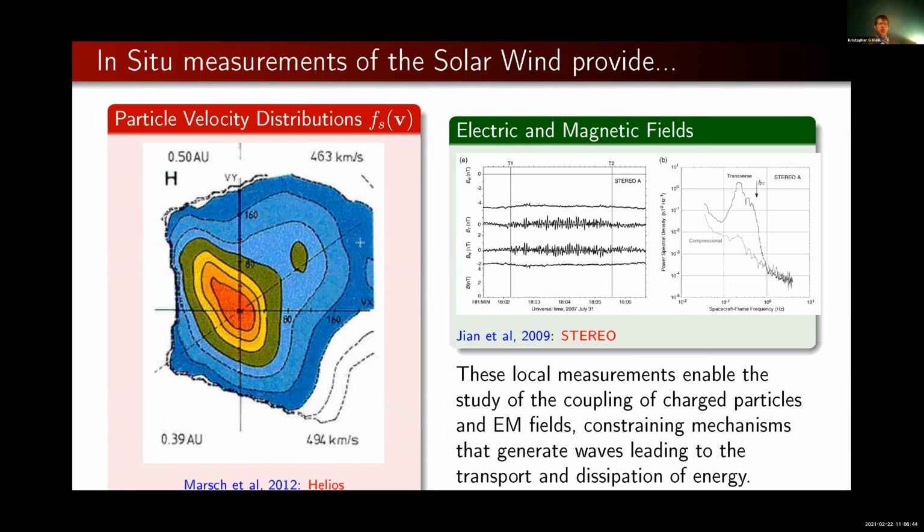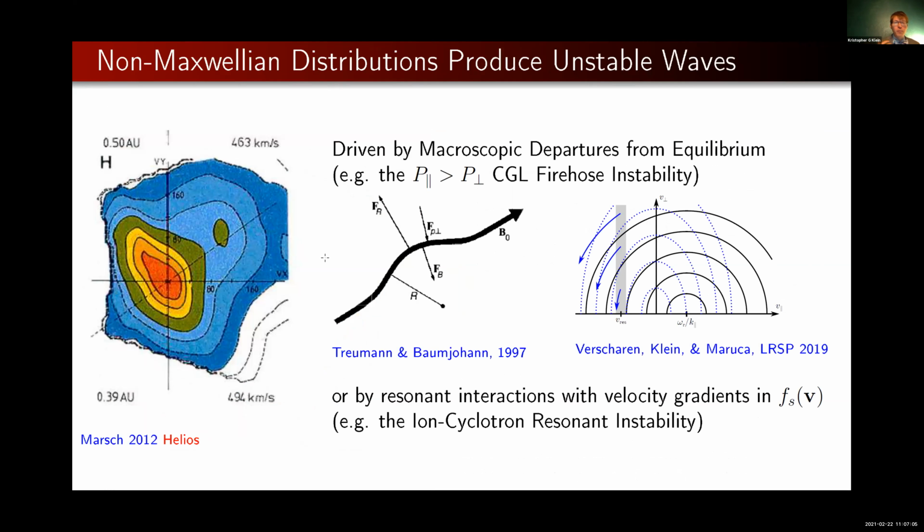They're said to have a temperature anisotropy. But you also see a number of other structures in there, in this case, this secondary proton beam. And all of these different features will couple to the local electric and magnetic fields. And so by getting these local measurements, we can better understand that kind of coupling, which is, again, a potentially universal process.